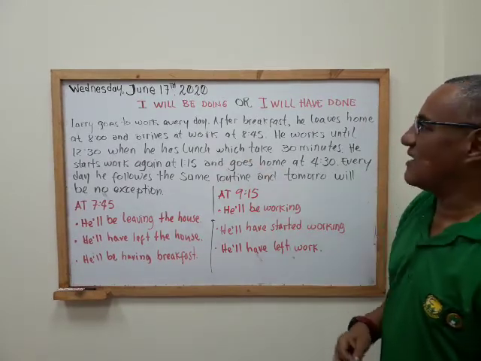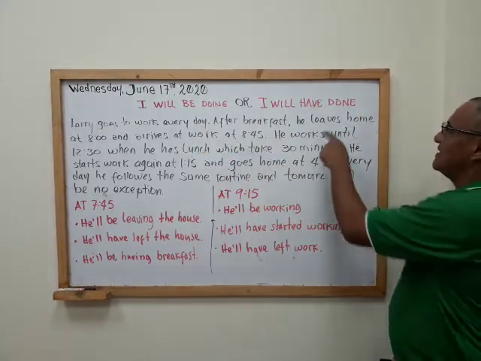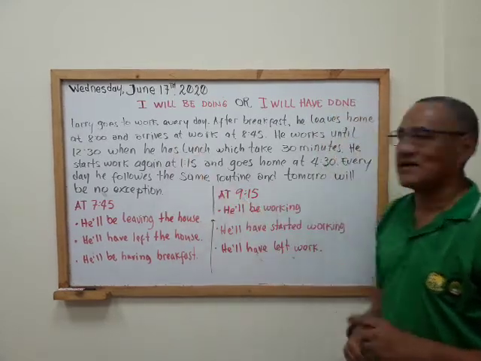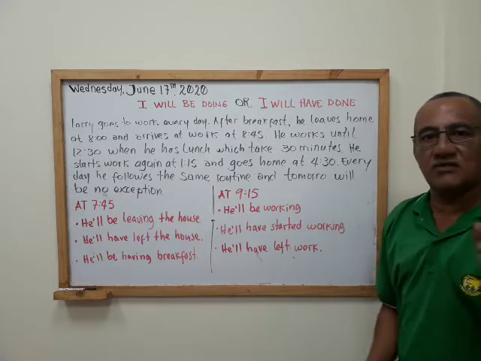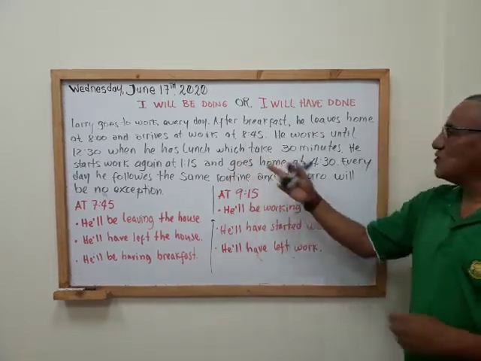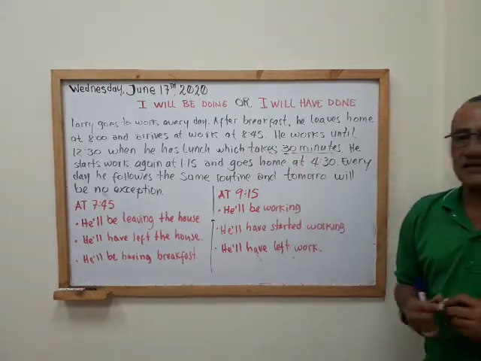Then look at this, I just have this small test. According to this, Larry goes to work every day. After breakfast, he leaves home at 8 o'clock and arrives at work at 8:45. He works until 12:30 when he has lunch, which takes 30 minutes.